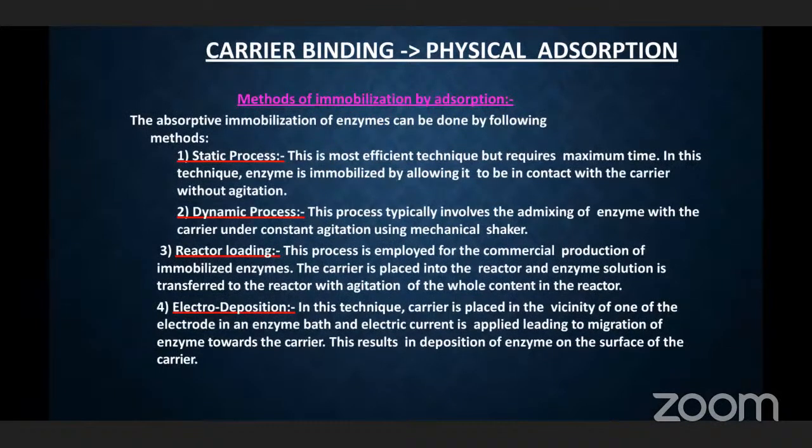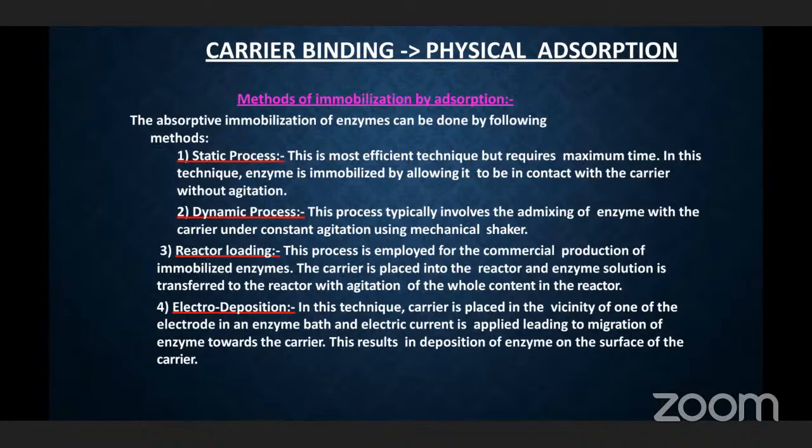The methods of immobilization by adsorption are the static process, dynamic process, reactor loading, and electrodeposition. The static process is the most efficient technique, but it requires maximum time. Here the enzyme is immobilized by allowing it to come in contact with the carrier without agitation. In the dynamic process, we admix the enzyme with the carrier, and agitation is required in a shaker. Reactor loading is used for commercial production of immobilized enzymes.